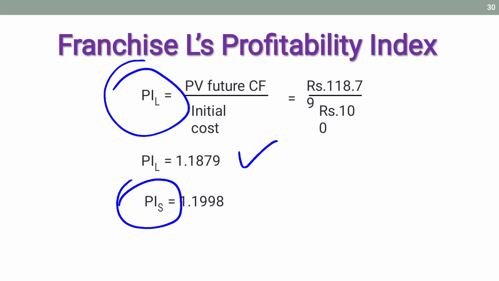Assume that Project L is providing the answer 1.19, right? If it is an independent project, you can accept both. Why? It provides profitability index more than 1. But if it is mutually exclusive projects, right, take the highest value. So that is the answer, right?